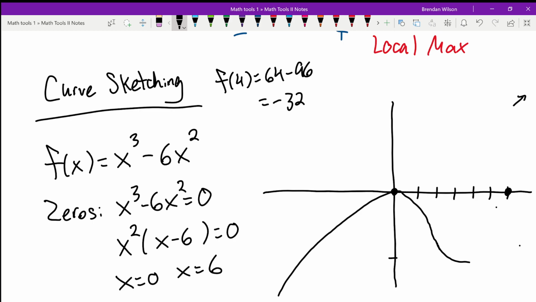We'll just say that's negative 32, just so we don't have to draw a huge graph here. We never actually defined the y scale, of course. f of 2 is going to be 8 minus 6 times 4, 24, so negative 16. So we'll say that's about halfway there, so about where we drew it. Okay.